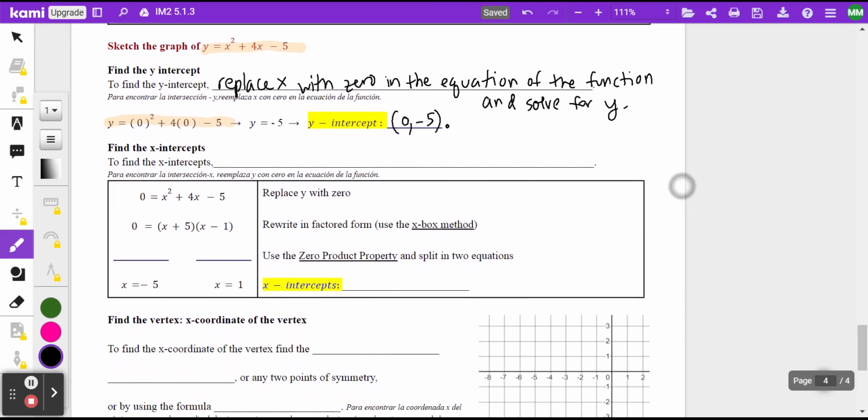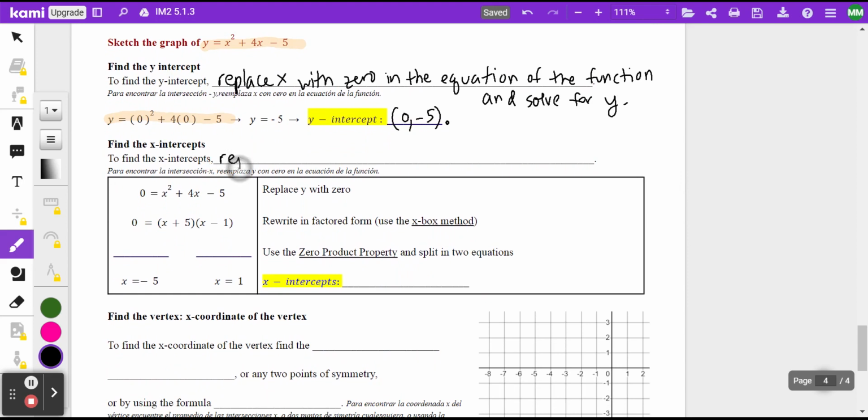Similarly, to find the x-intercepts, now you replace y with 0 and solve for x. In order to do that, you have to factor. So here we replace y with 0.